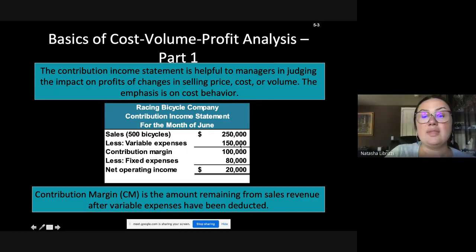So this is what is left to cover any other cost the company might have. Direct material, direct labor, and any other variable expenses, it could be variable selling expense as well, would be in here. And everything that is fixed, as you remember from the previous topic, cannot be changed even if we're not producing any bicycles at all.